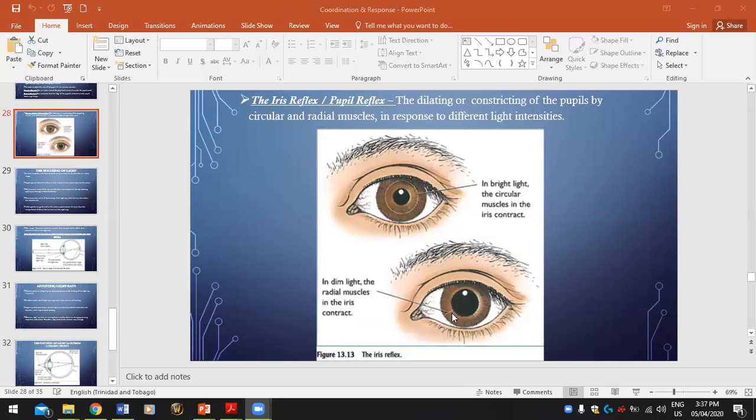And in order for this effect to happen, these circular muscles will relax. You all understand? You can see it a little bit better? And these are called antagonistic muscles. Okay, and that's what they were referring to. Wonderful.